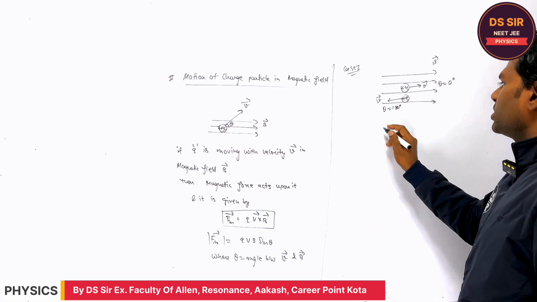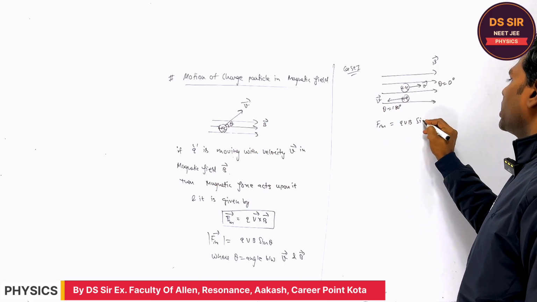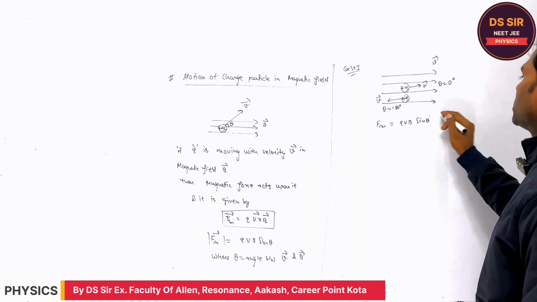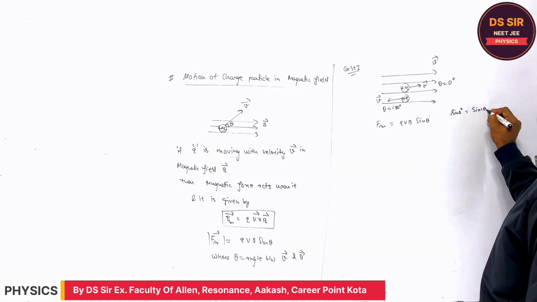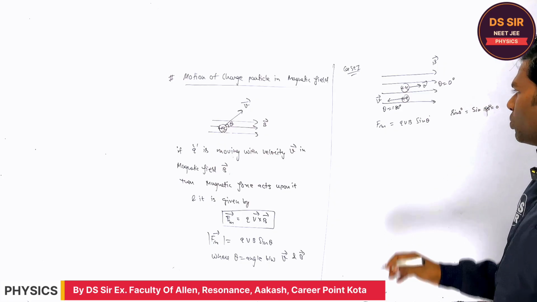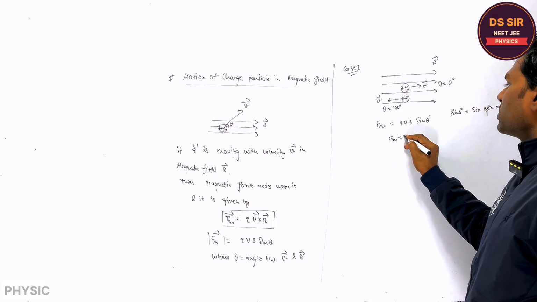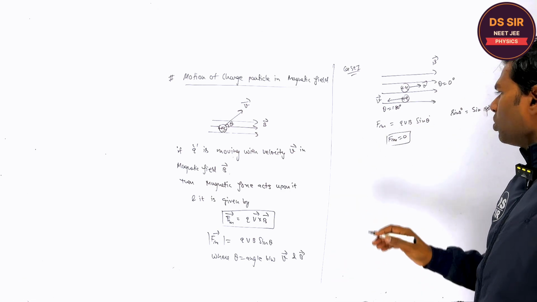In both cases the magnetic force is QVB sin theta, and sin 0 and sin 180 are both 0. So the magnetic force acting upon this will be 0. Is it clear or not?